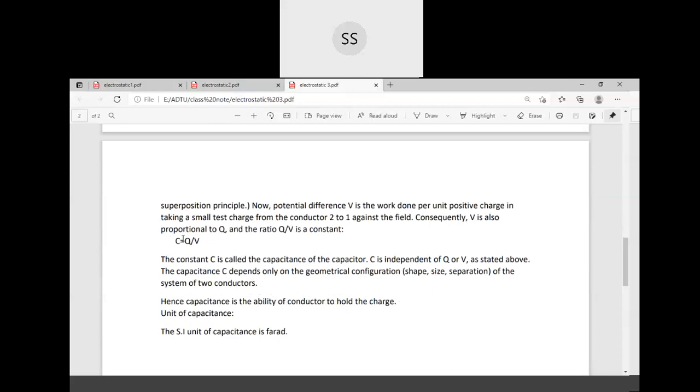So the capacitance C is equal to Q divided by V. Q is the total charge, and V is the potential difference between the two plates, and therefore C equals Q divided by V.